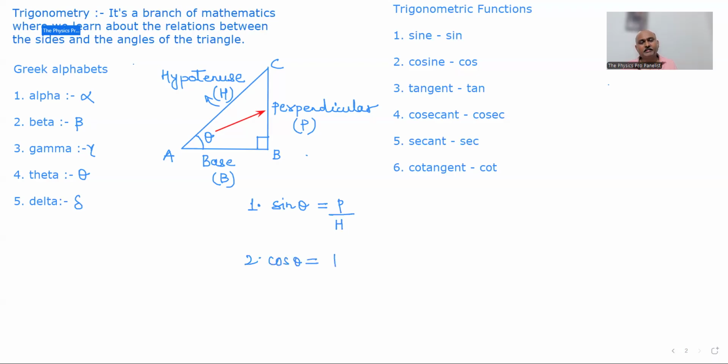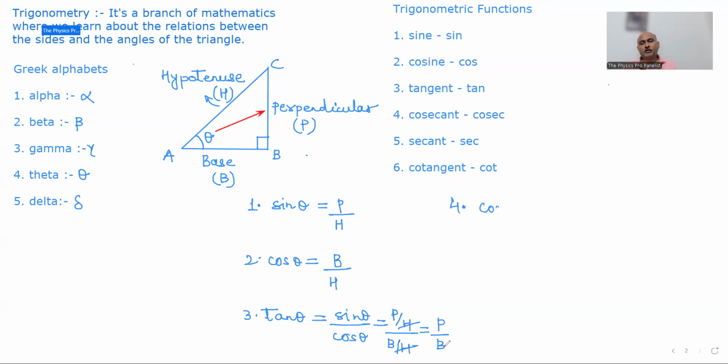The value of cos theta is given as base upon hypotenuse. Third is tan theta. The value of tan theta is given as sin theta upon cos theta. It is the ratio of these two. And when you put the values here, H cancels out. It's P upon B, right? This is tan theta.